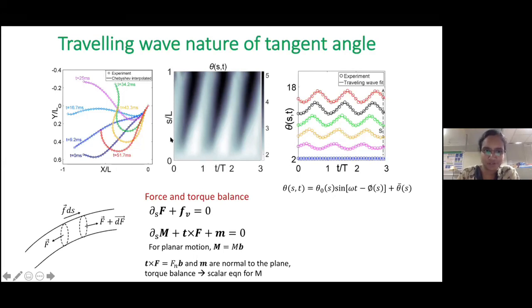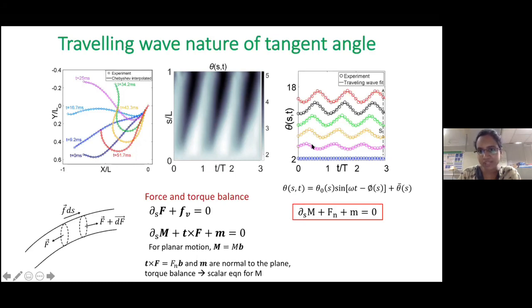a space-time chemograph. So essentially what we are doing is we are plotting the tangent angle as a function of arc length. Okay. So that is this axis, and then you do it for different time points of the beat, essentially. So the same thing is plotted on the right here.